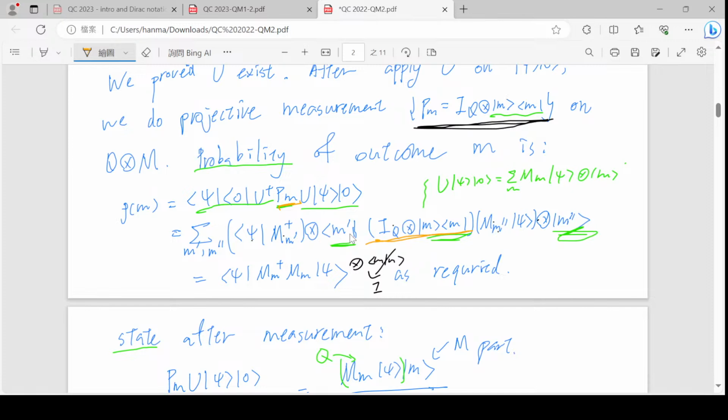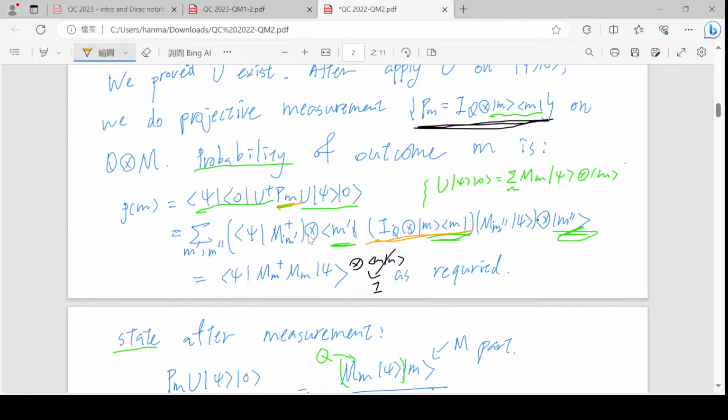Okay. Now we see basically everything is tensor, so we just do this inner product slot by slot. The first slot should be this psi M prime dagger IQ and double prime and psi.